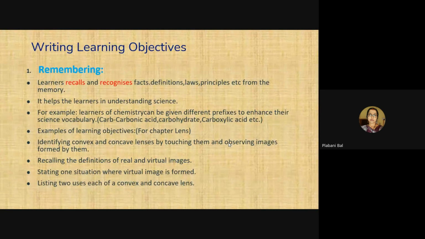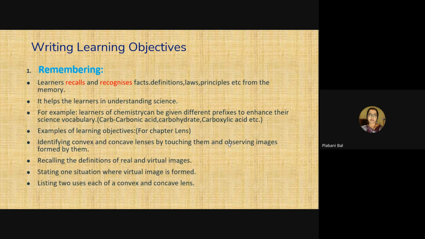Okay. Then writing objectives. So we will take some more examples. Remembering: we know that learners recall and recognize facts, definitions, laws, principles from memory, and it helps the learners in understanding science.